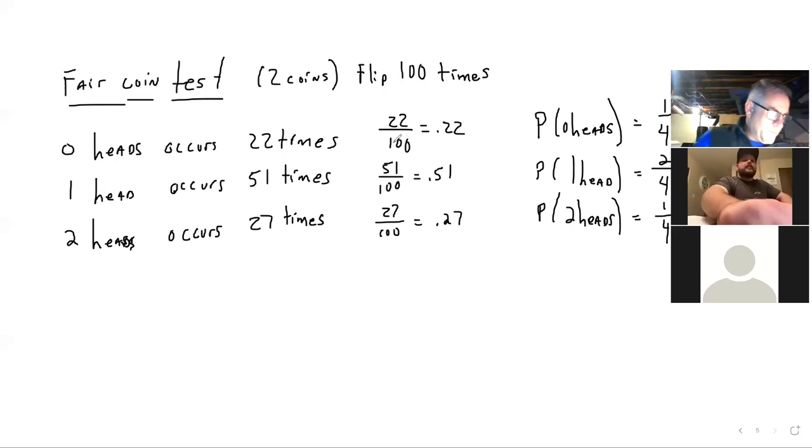Theoretical probability is based on the assumption that all outcomes are equally likely, and is calculated by dividing the number of ways an event can occur by the total number of possible outcomes. Relative frequency probability, or again, I like to use the term empirical probability, is where we base it on observations or experiments, such as flipping the two coins 100 times right here.